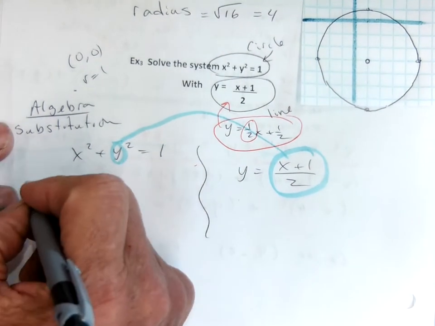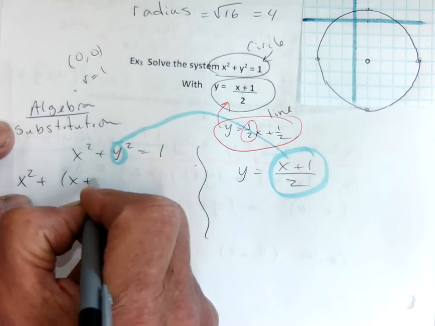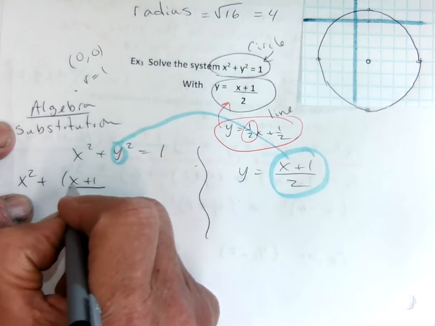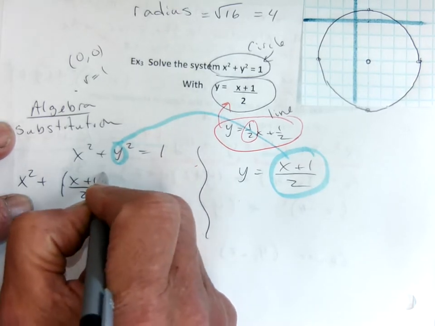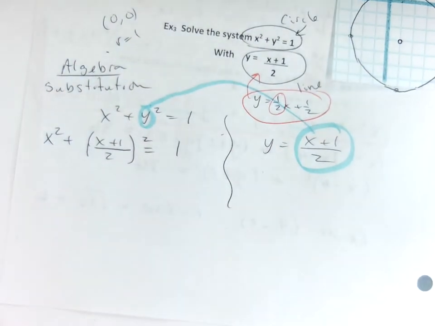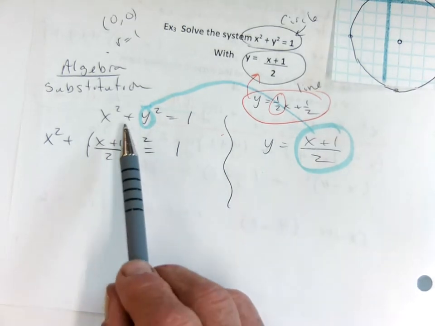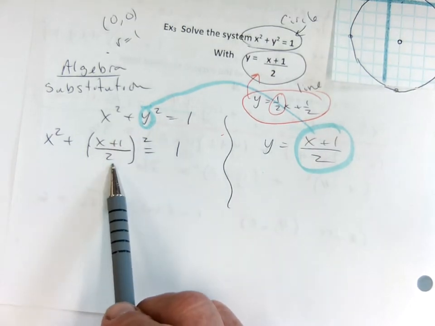I'm going to rewrite this: x squared plus (x plus 1)/2 squared equals 1. Okay, there's my substitution. So writing y, I write what y is equal to, which is (x plus 1)/2. I plugged it in for y. So (x plus 1)/2 quantity squared, because that was y squared.